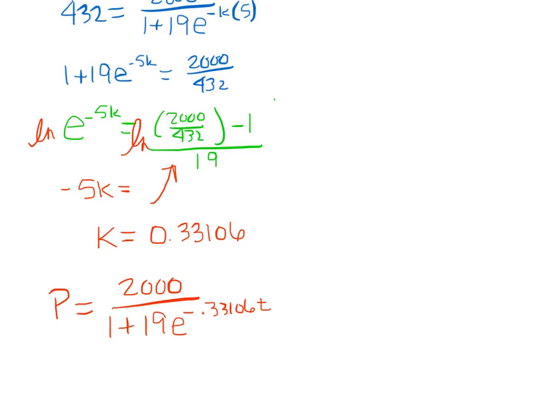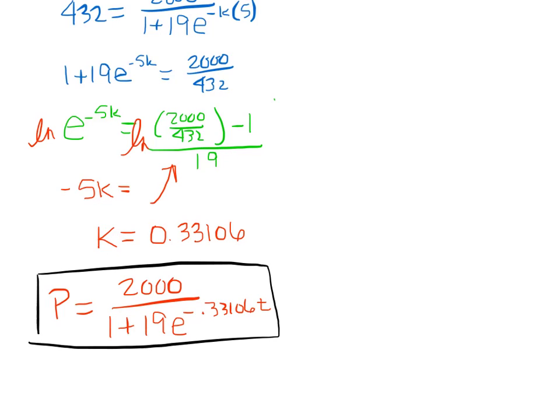So right here's the actual model. If I want to evaluate my model after 30 years, I'm just going to plug a 30 in for that t, and I find that P of 30 is equal to 1,998 deer. So I see that I'm really close to approaching that limit.